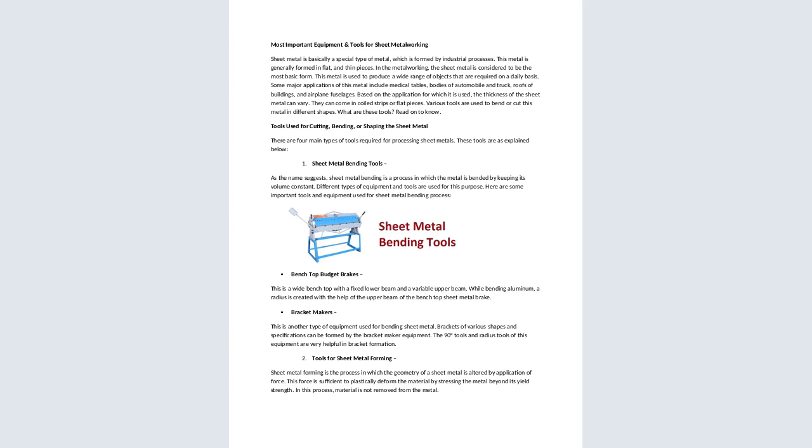They don't just require any metal, but they need special formation of metals. So like trucks, roofs of buildings, airplane fuselages, based on the application on which they are used, the thickness of the sheet metal can vary. So they can come in coiled strips or flat pieces.